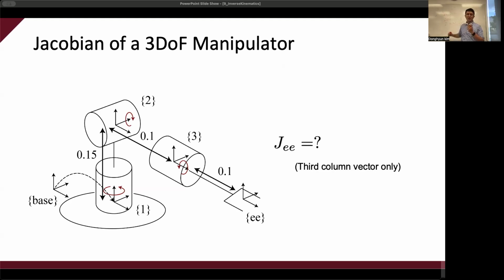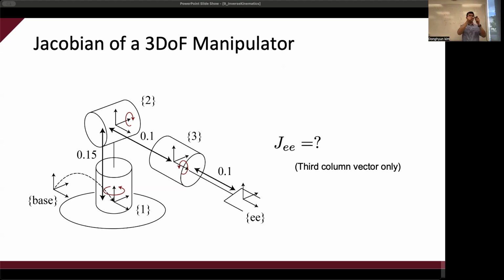Let's do this together. For the first column, we already know this is 1, 0, 0, and 0, 0, 0. For the second column, we want to know what's the angular velocity caused by this motion, right?